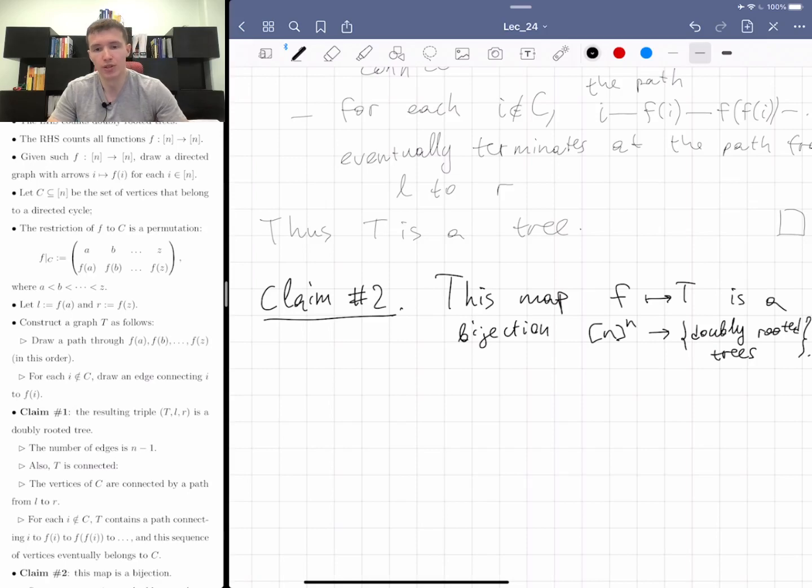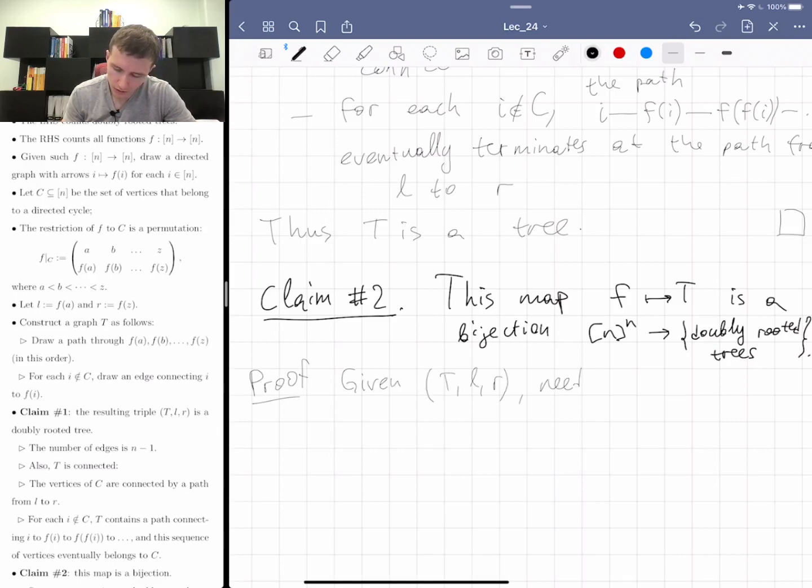So in other words, I need to reconstruct f from the triple. Proof: given a triple T, L, R, need to recover f and show that it's recovered uniquely.